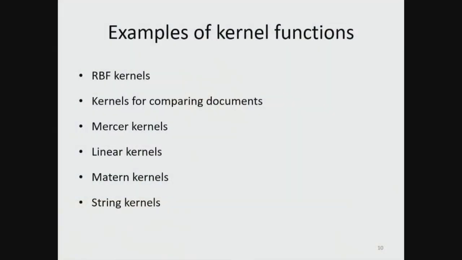Now we discuss different examples of kernel functions. Having introduced what a kernel function is, we are looking at the most important examples of kernel functions. By now, we know what a kernel function is. A kernel function is a function from an abstract space x to the set of real numbers, such that k of x, x dash is greater than or equal to 0 and k of x, x dash is equal to k of x dash, x. Some of the most prominent examples of kernel functions can be RBF kernels.